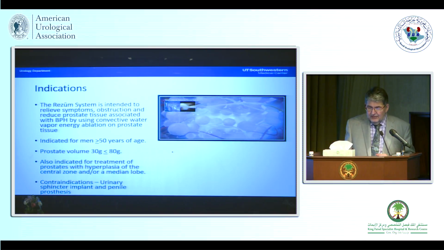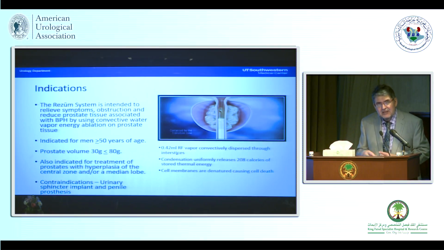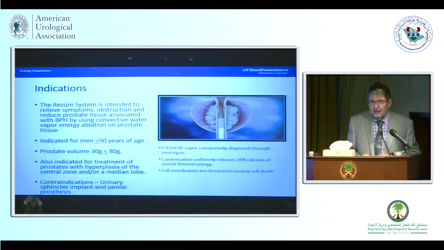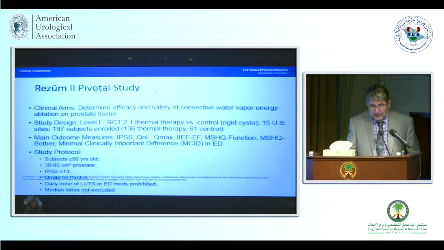It gives off the energy in the process, and specifically it's about a half a cc that is each time administered, and it gives off 200 calories, and it basically kills the cells by denaturing the membrane. So it's a sound principle as far as I can tell, and they did a randomized sham-controlled trial.